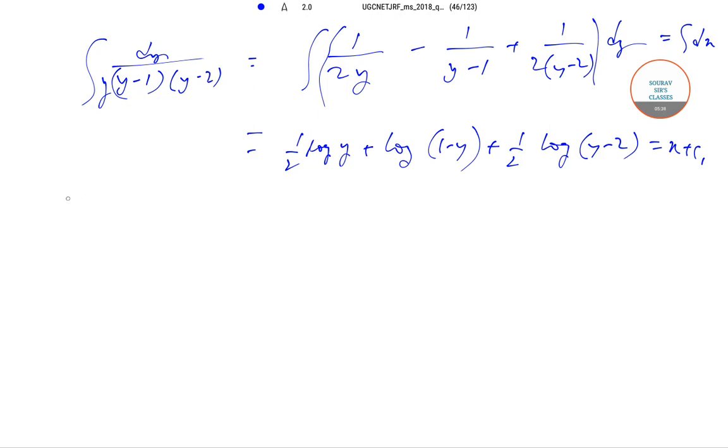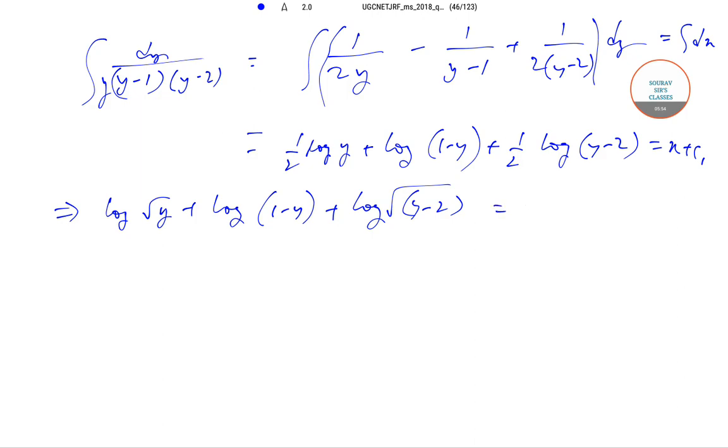Okay, this is what we are knowing. So this will come down to log of root y plus log of 1 minus y plus log of root over y minus 2, and it will be equal to x plus c1.